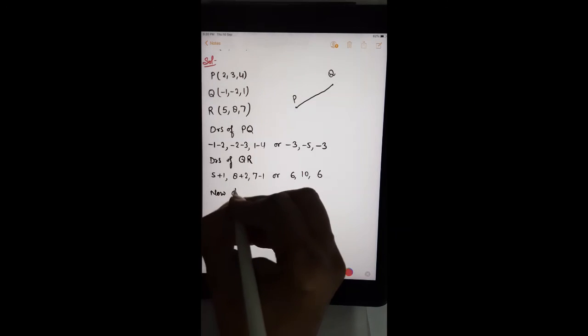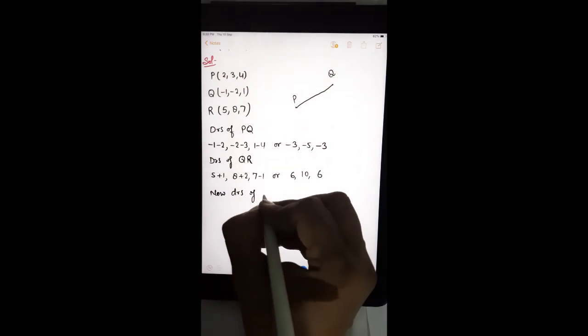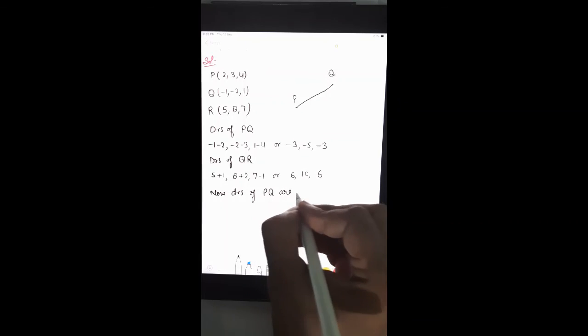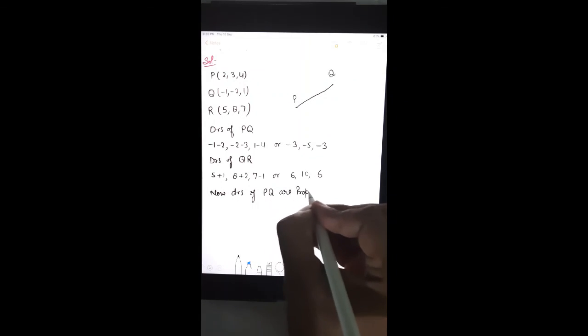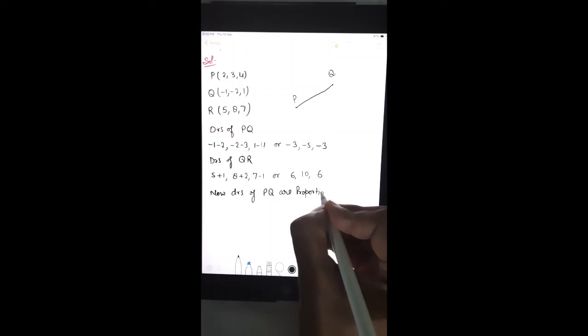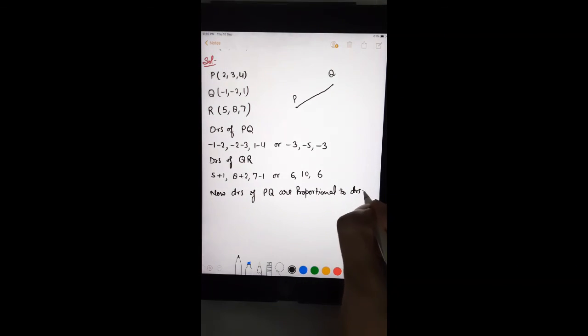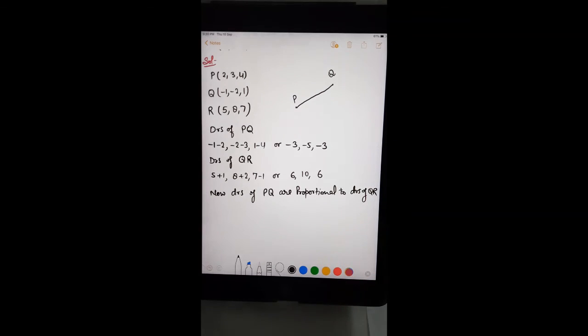So the direction ratios of PQ are proportional to the direction ratios of QR.